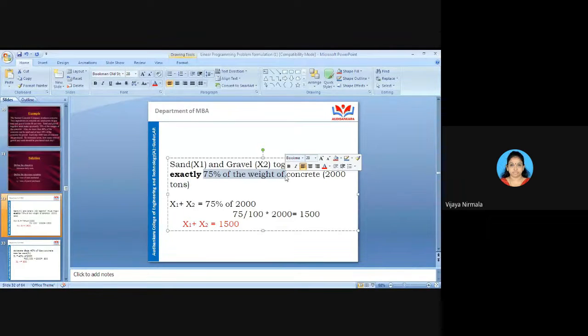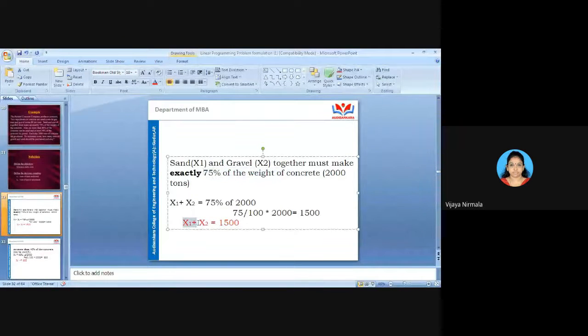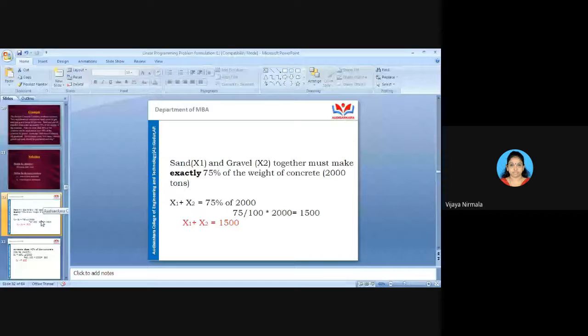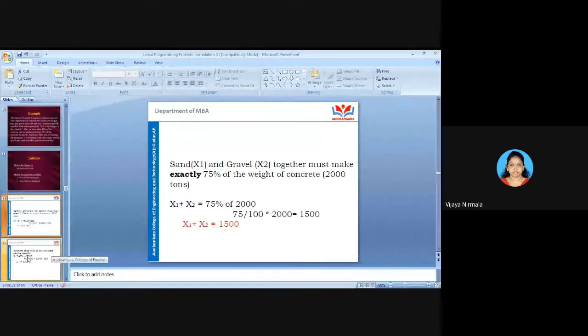If you solve that, you get the answer 1500. So this is the constraint. Subject to, you have written the constraint: X1 plus X2 is equal to 1500. This is the first constraint that you have written. Are you clear? I think you are clear. You understood. Now let us see the other constraint.